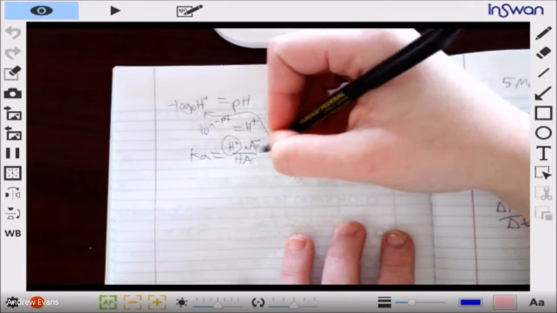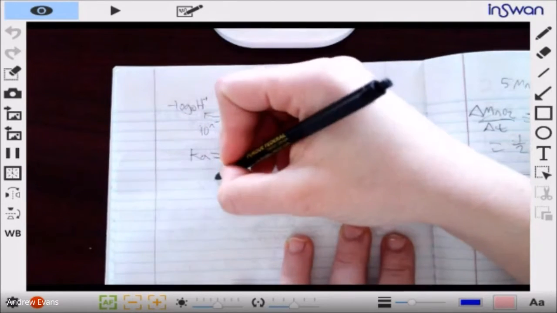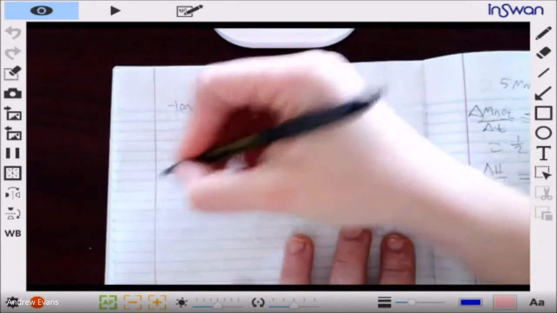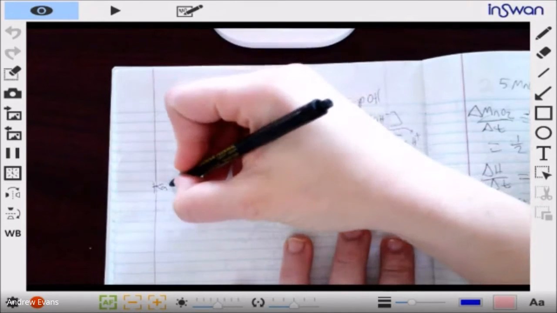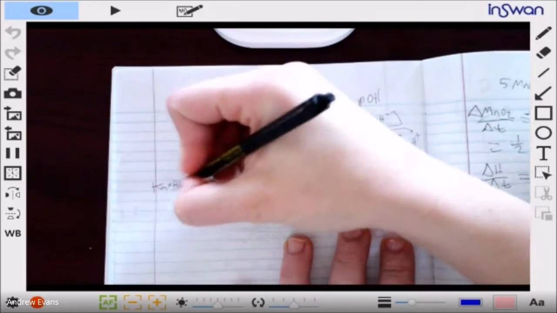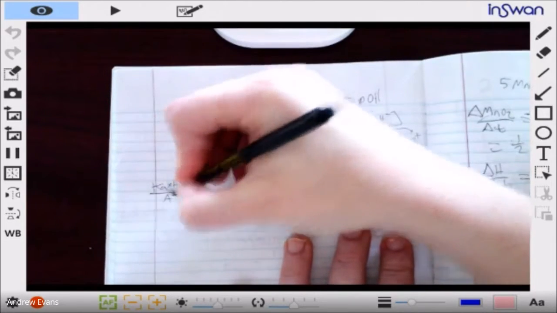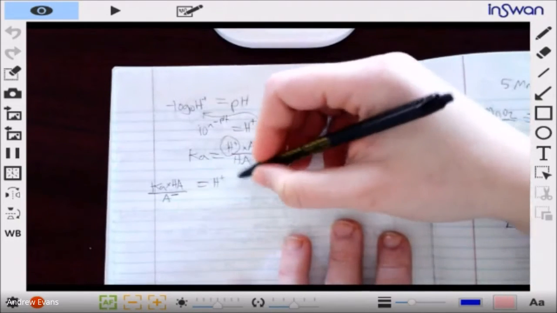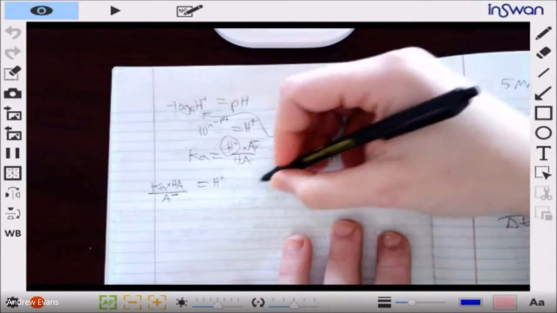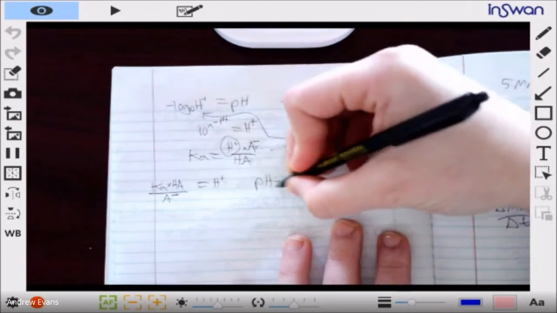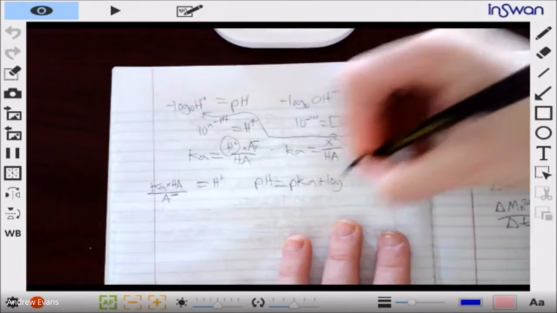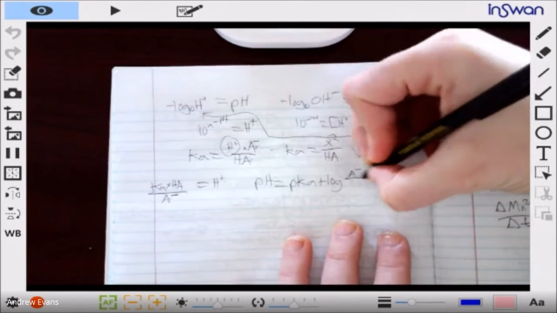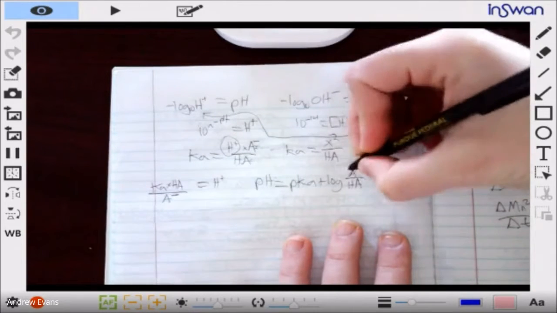So we separated this to say the concentration of H plus equals Ka times HA all over A minus. However, we rearrange that to give us pH equals the pKa plus log of A minus over HA. And that was our buffer equation.